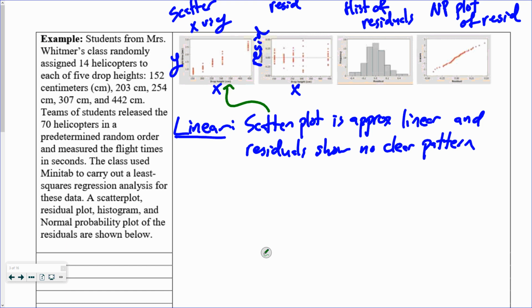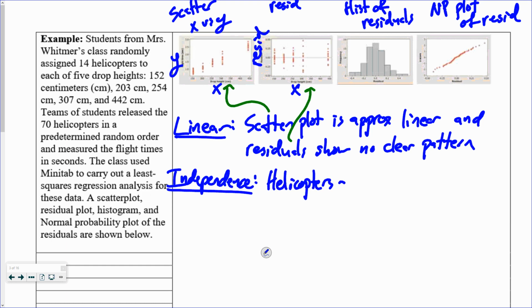I'm looking at that one for that, and the residuals show no clear pattern. I'm looking there, and that looks good to me. Independence condition. These helicopters don't affect each other. So we're probably good on that one. Nothing to check there, just need to see, yeah, we're dropping helicopters, so they should be fine.